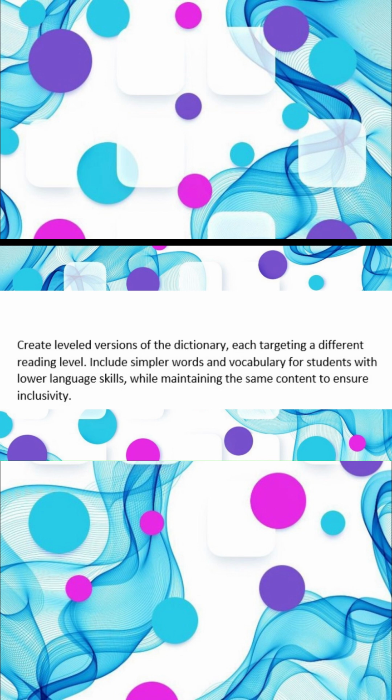So we have pupils within the different levels, they have different language skills, and what could have been done is that we have a dictionary based on their language skills, not too high, not too complex, but just right for them.